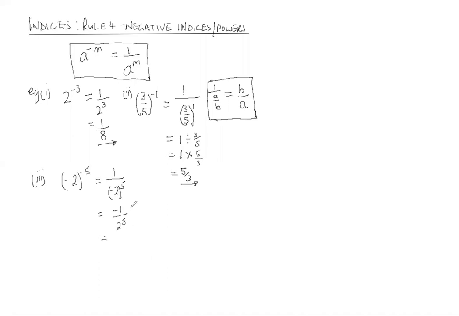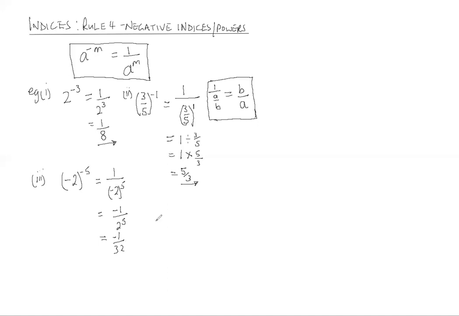Whenever we write a fraction, it's an international standard that the minus has to be on top if it was at the bottom. So 2 to the power 5, if you want to expand it, that becomes 1 over, so that's 2 times 2, 4 times 2, 8 times 2, 16 times 2, we get 32.